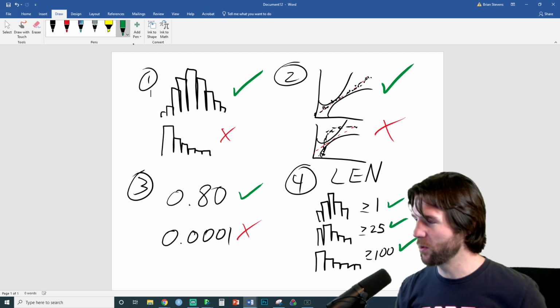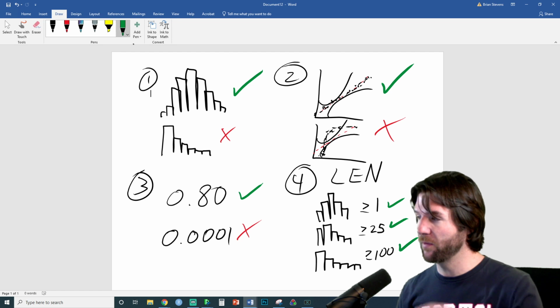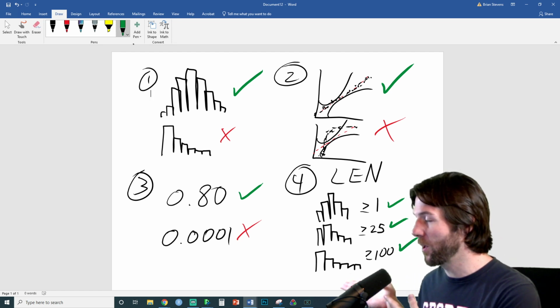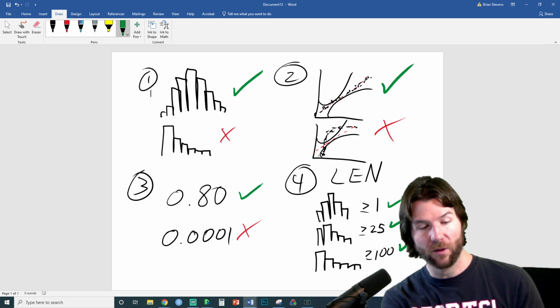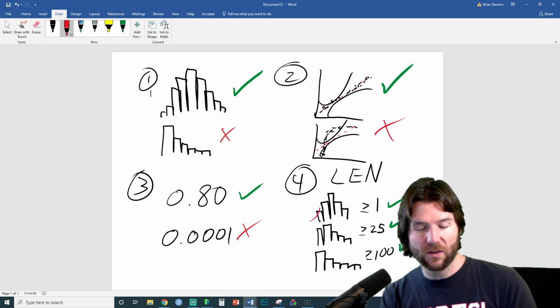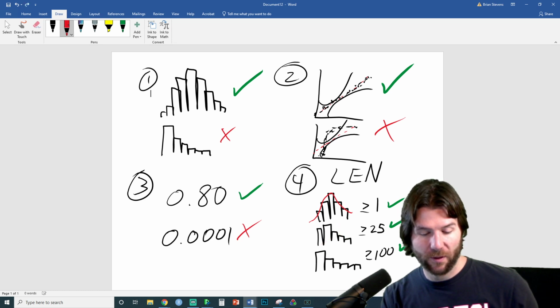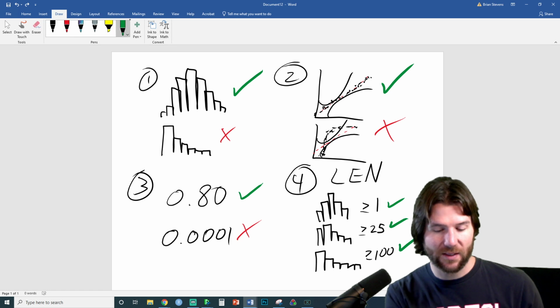And I hate that the book switches up numbers on these. If your distribution is heavily skewed and you have a sample size of 100, the distribution of the mean should be nearly normal. This is a single observation, and all of these distributions are horribly non-normal. I guess we should do it in green because it's going to pass the condition. Make it very clear with the coloring. There we go.